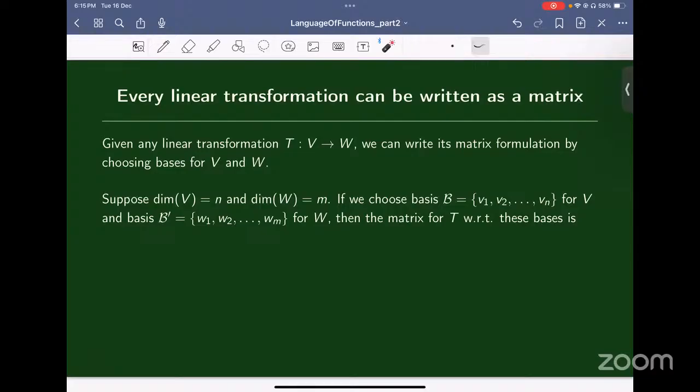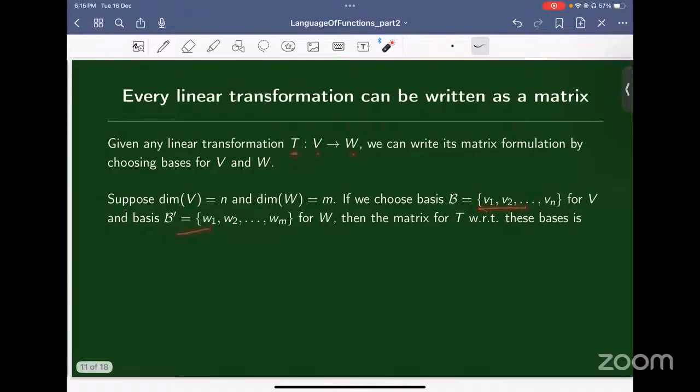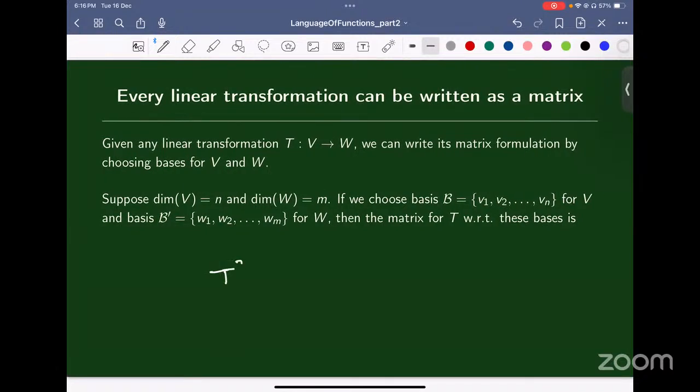So suppose dimension of V is n and dimension of W is m. And if we choose a basis v1, v2, up to vn for V, and w1 up to wm for W, then the matrix of a linear transformation from V to W with respect to these bases is obtained as follows. The first column is the column of coefficients when you express T of v1 in the basis B prime.